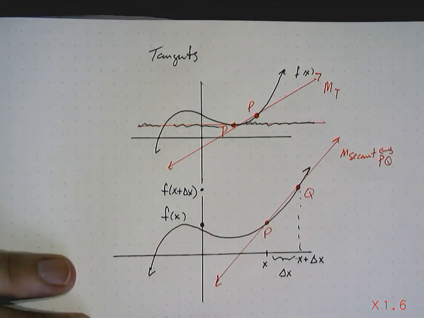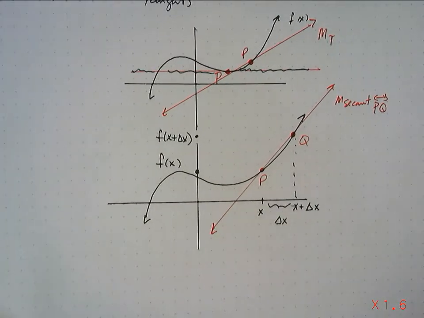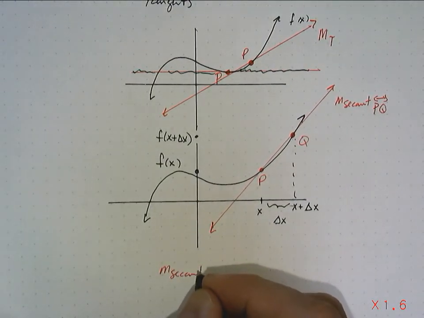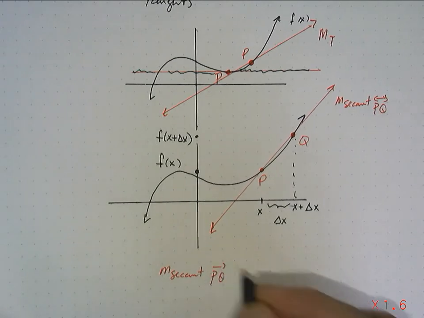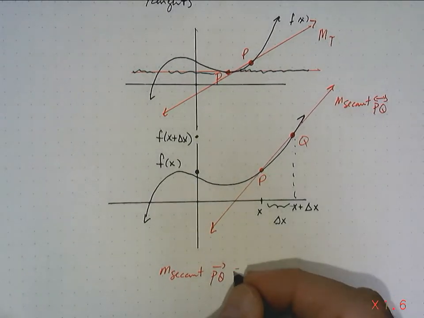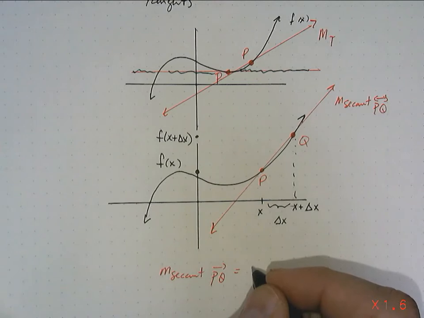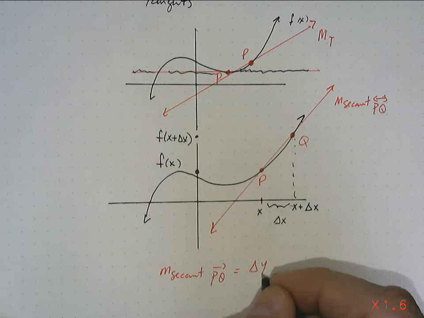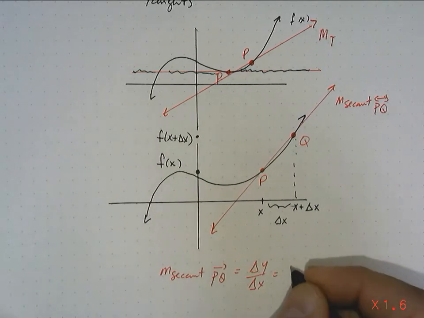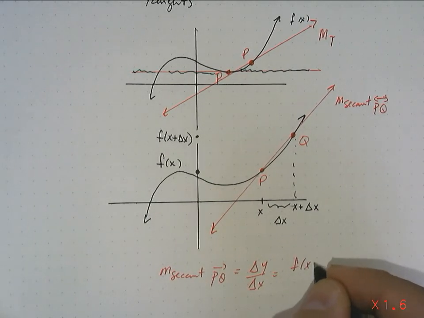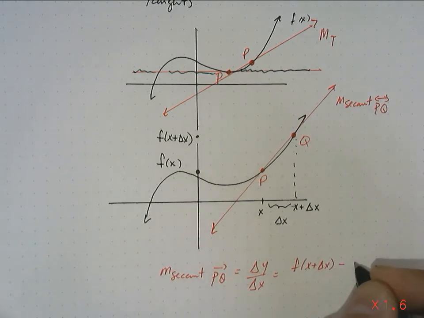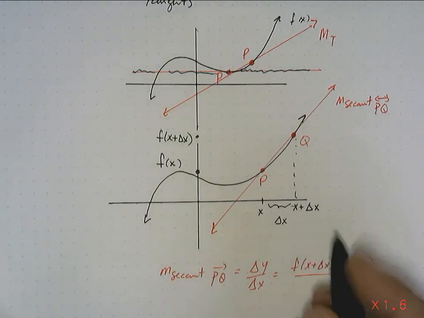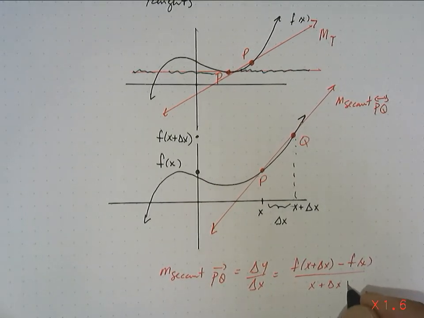And what we do with this is that if I'm going to be talking about the slope of the secant, PQ, it's going to be rise over run, so delta y over delta x, and in this case it's going to be f of x plus delta x minus f of x all over top of, now it's x plus delta x plus x.